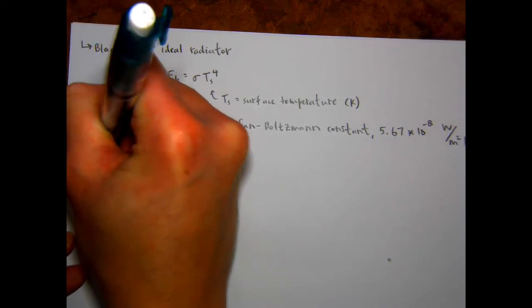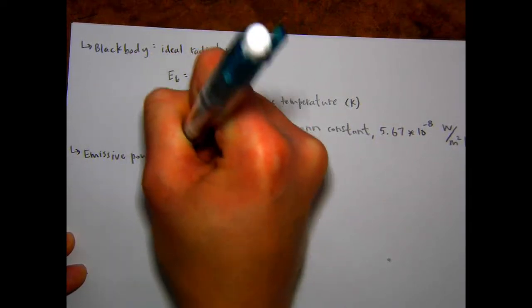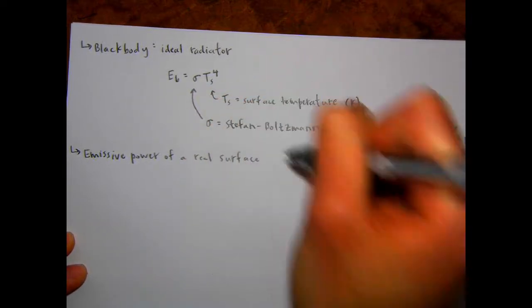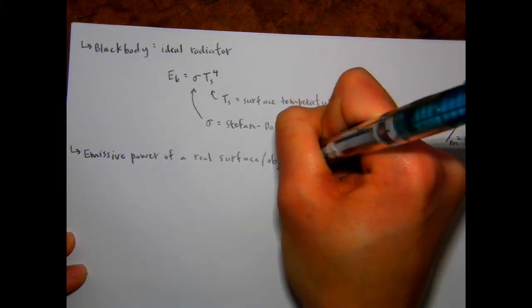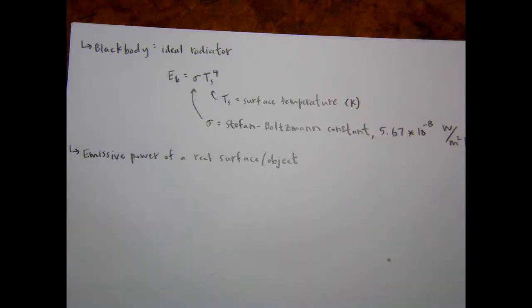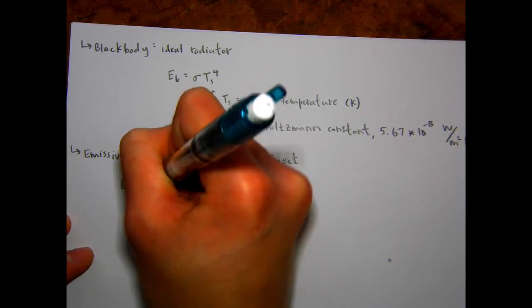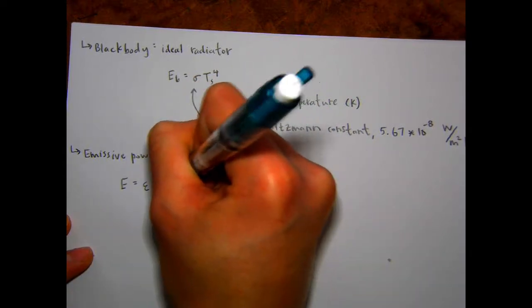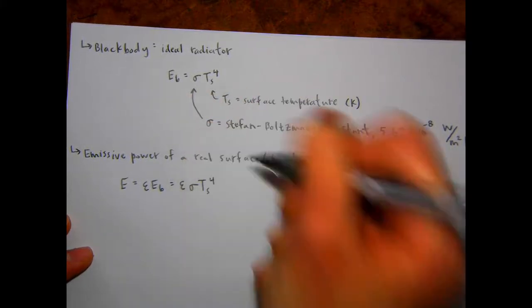So the emissive power of a real surface/object, typically we talk about radiation from a surface, but it's from the entire object itself, is E equals epsilon E sub B, which equals epsilon sigma T sub S to the 4th.